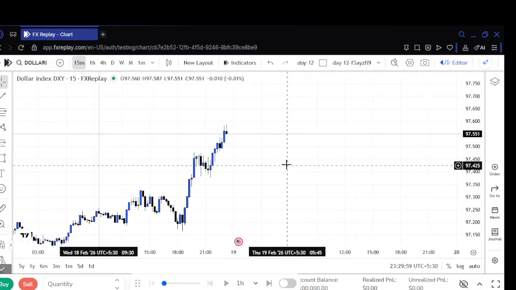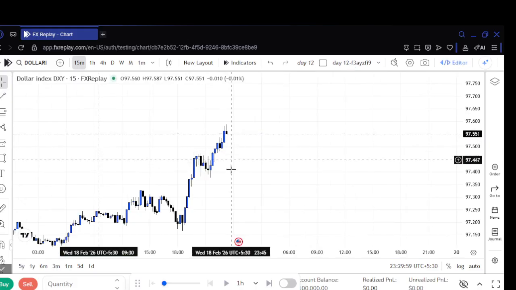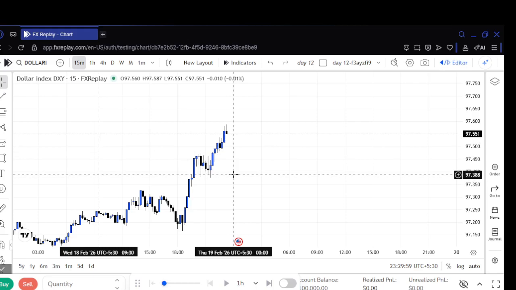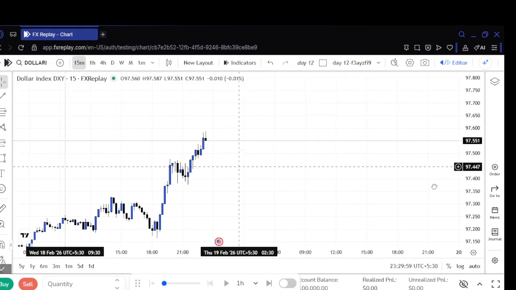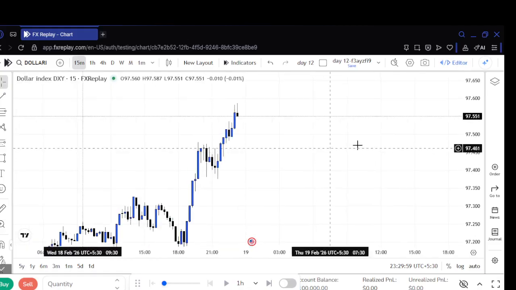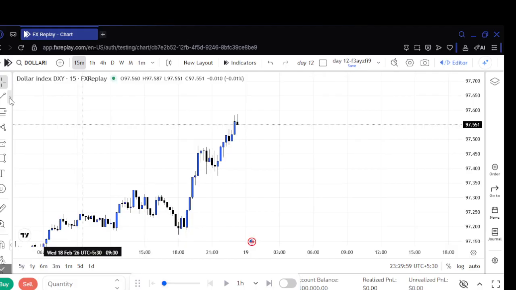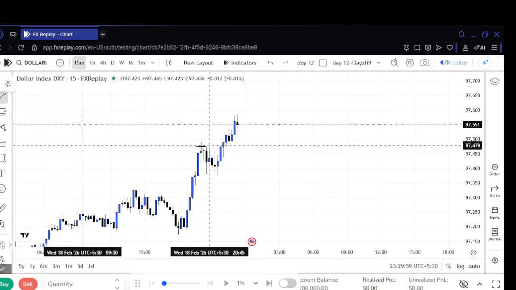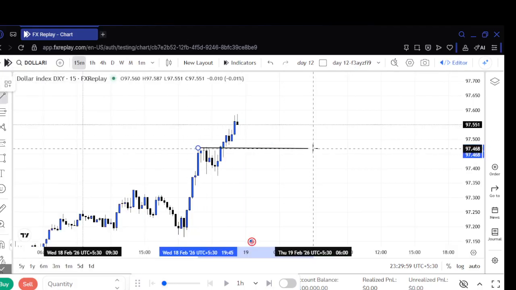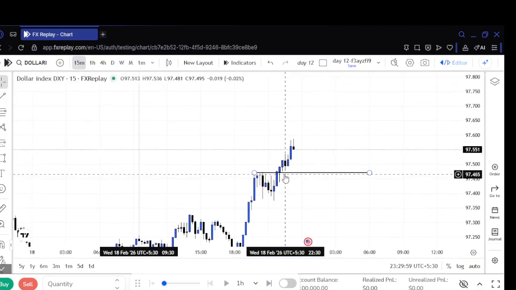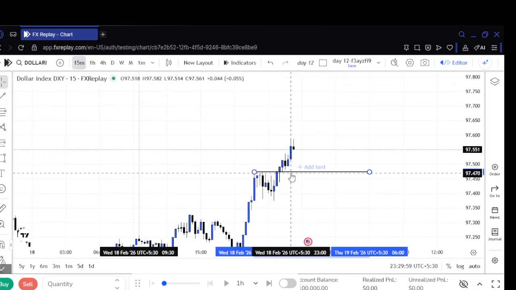As we know, as the liquidity has been taken here, higher high, we're going for the higher low. Any other DOL might come to this area, because after taking liquidity, it might come to this area here.